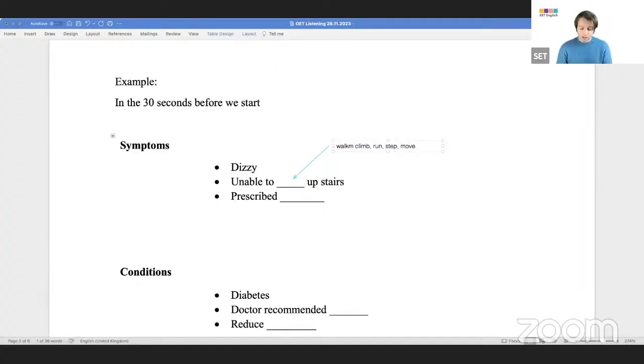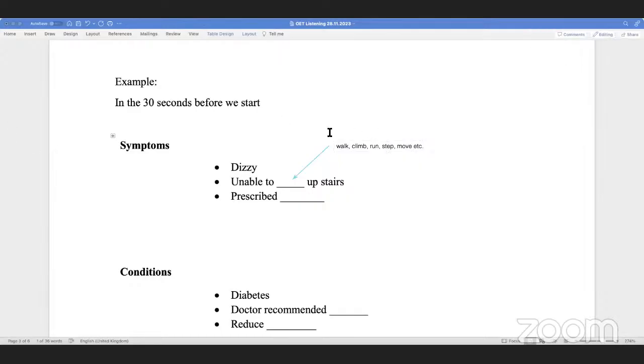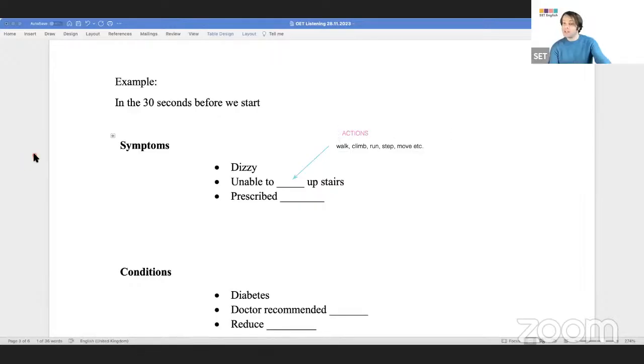We have no idea what she will say, but we do know that these are all examples of what? Are they symptoms? No. Actions. Movements.